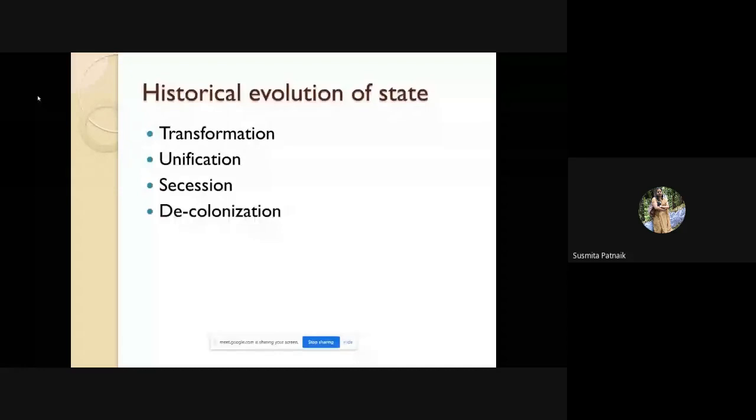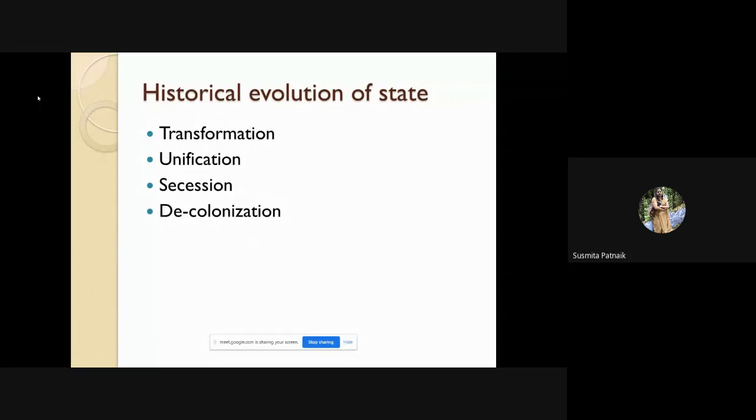And the next one is the decolonization process. What do you mean by decolonization? In order to know about decolonization, we should have knowledge about colonization. What do you mean by colonization? Colonization means a country becomes a dominion of a bigger country.